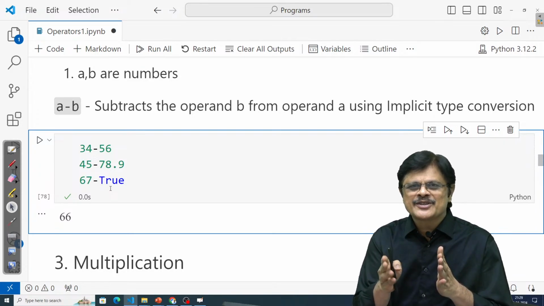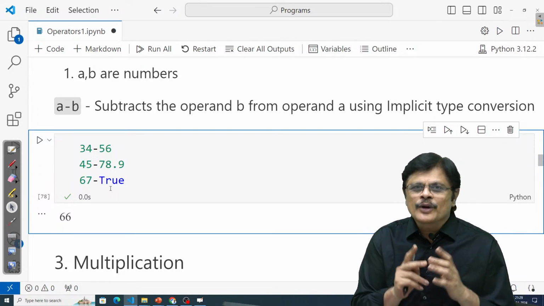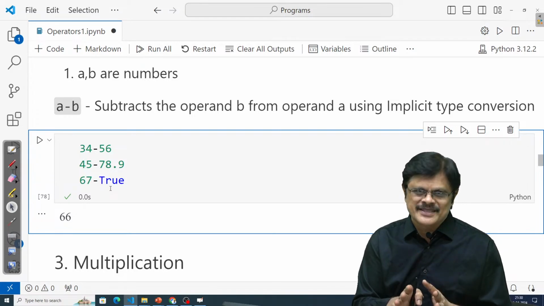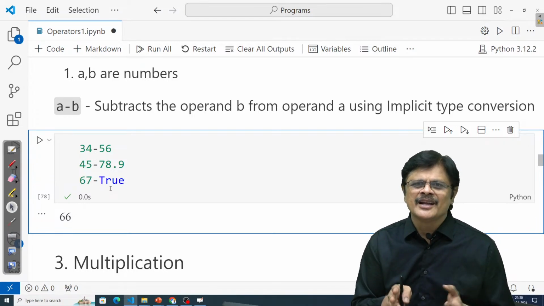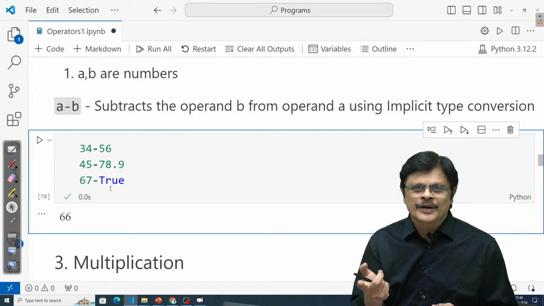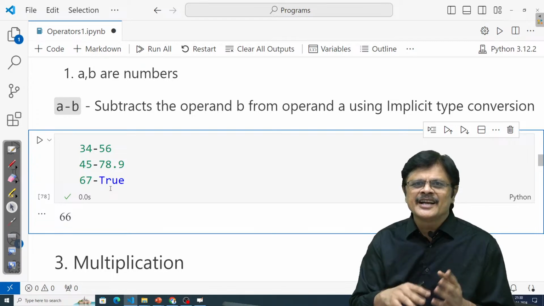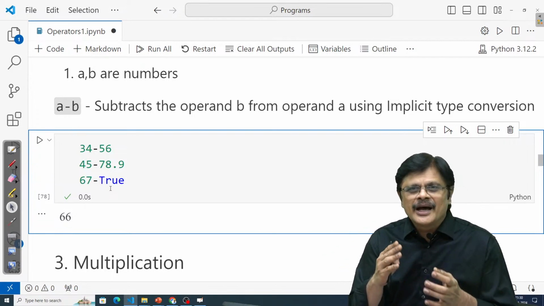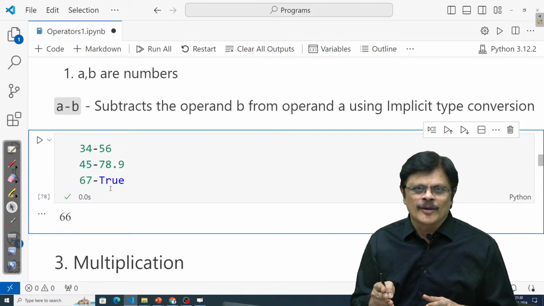A minus B means you are subtracting B from A. Subtraction is possible between numbers. You can have different types of numbers, sir. It will always be converted to the higher type: int means the result is int, float means the result is float, float and complex means the result is complex, like that.